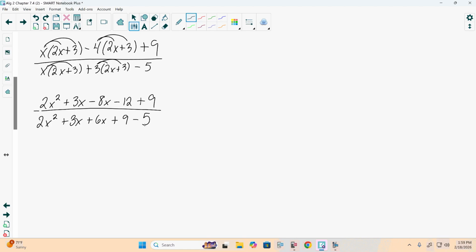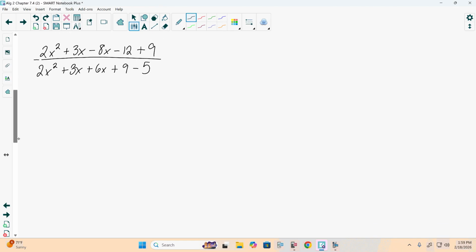So the first thing we did was just distribute those numbers, simplify those parentheses first. Combine like terms. 2x squared on top has no like terms. It's the only x squared term. 3x minus 8x is negative 5x.